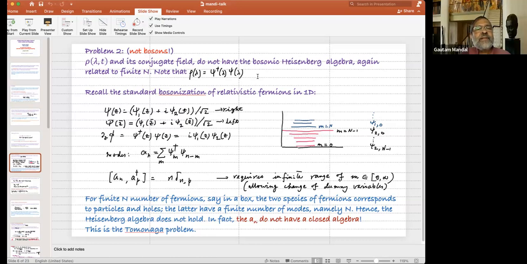Now recall that for massless relativistic fermions in 1 dimension, there's a standard bosonization, which is the simplest version of the Coleman-Mandelstam bosonization that is used in, let's say, string worldsheet construction, etc. That is given in terms of 2 flavors of fermions, psi 1 and psi 2, and one forms complex combinations of them.